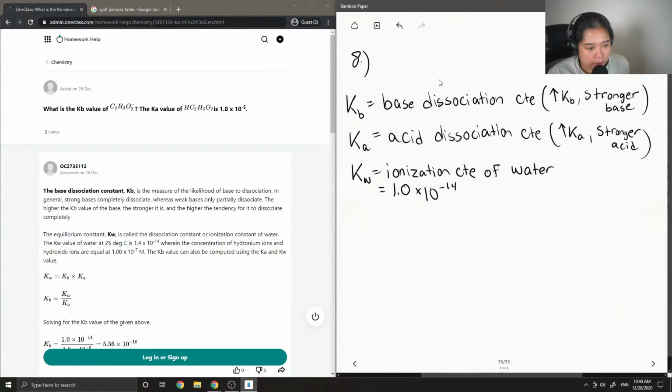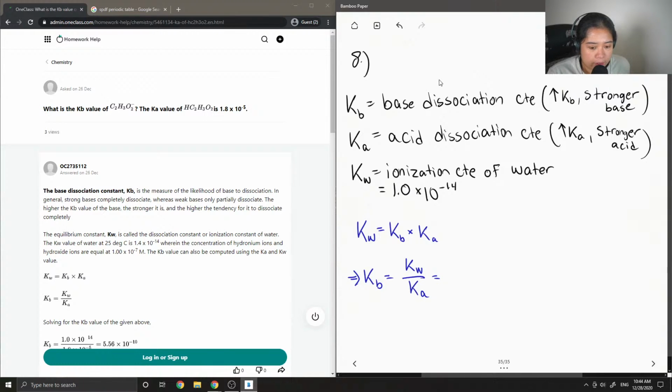And there is also a helpful formula that Kw is equal to the base dissociation constant times the acid dissociation constant. So if we wanted to solve for the Kb value, it will just be Kb is equal to Kw divided by Ka.